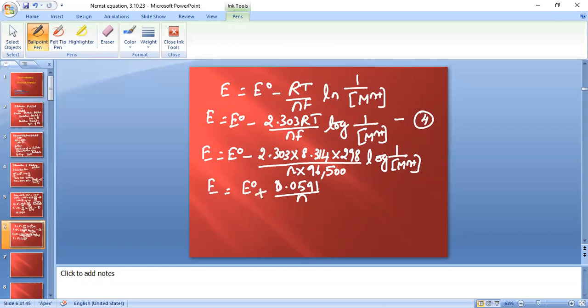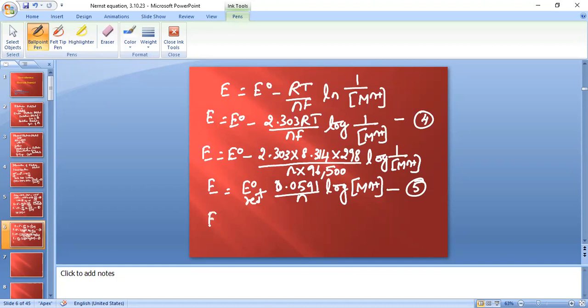So E equals E naught plus 0.0591 by n log base 10 of M^n+. This is equation 5, known as the Nernst equation for reduction potential.